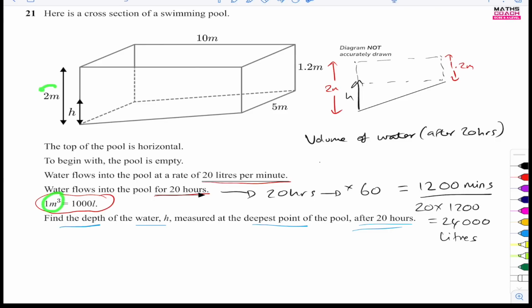Why? Because all our measurements for the pool are in meters. So to convert this into meters cubed, we know that 1 meter cubed is 1,000 liters. So we can divide this by 1,000. So 24,000 divided by 1,000 is equal to, let's cancel the zeros, 24 meter cubed. So that's how much water is inside our tank.